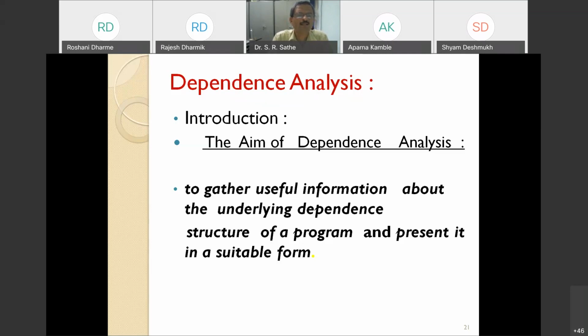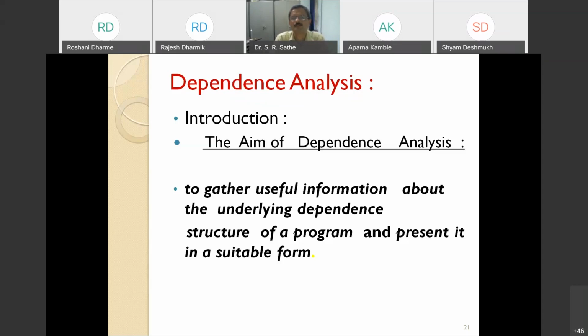OpenMP is an API, very useful for parallelization on multi-core architecture. So if you are using OpenMP and you are attempting parallelization of programs, it is not easy if you don't know dependence analysis. Dependence analysis is to be done by the programmer, and then OpenMP constructs can be used for parallelization of that program.